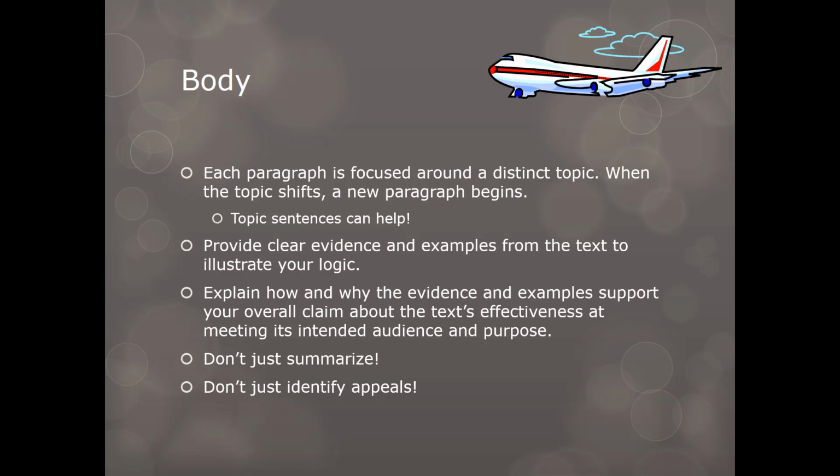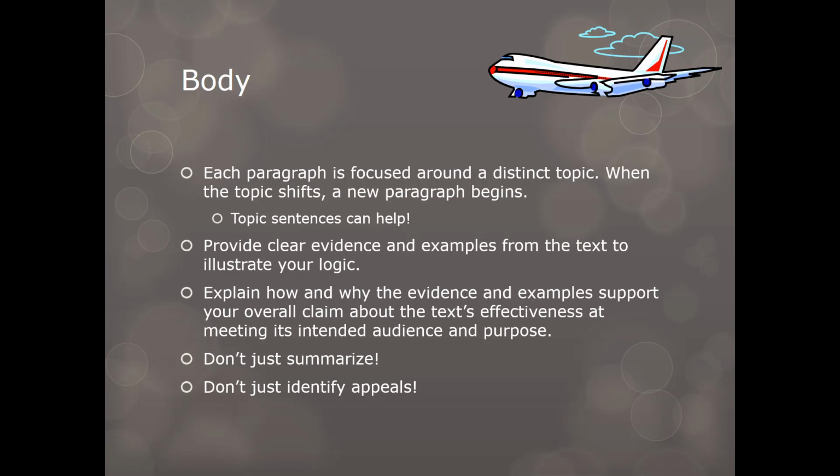If I say, look, there's a lot of data in that essay, a lot of facts and figures, I'm just pointing to them. But if I explain how and why facts and figures are helpful at reaching this particular audience, then I am using that example to support my claim that the text is effective. I am not just pointing out the appeals.